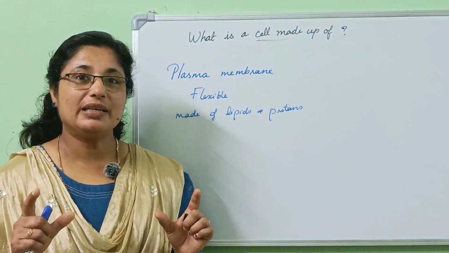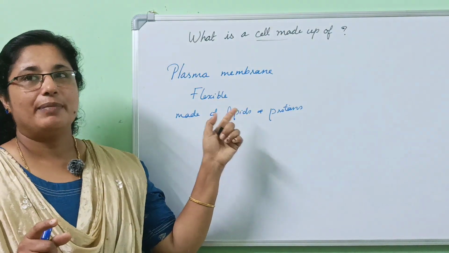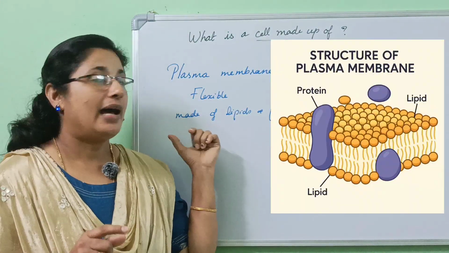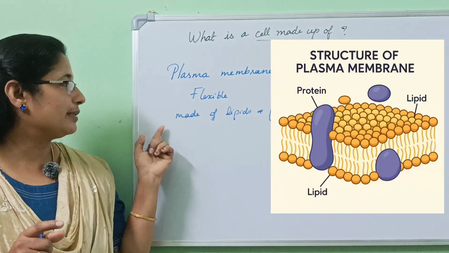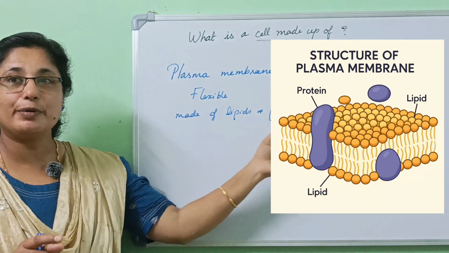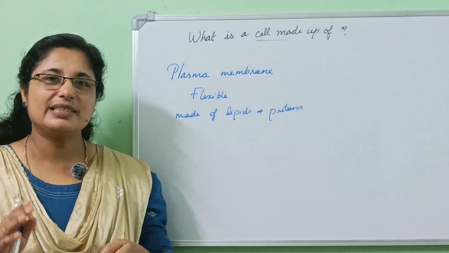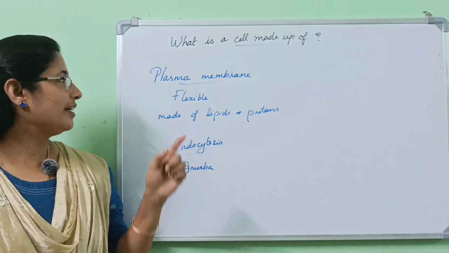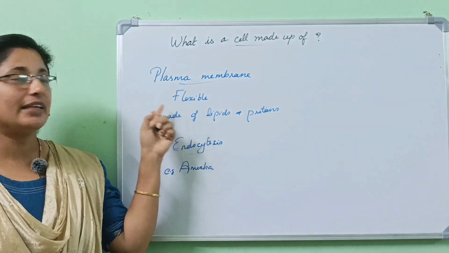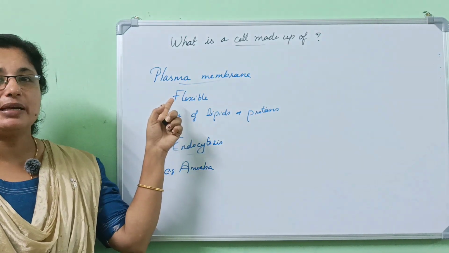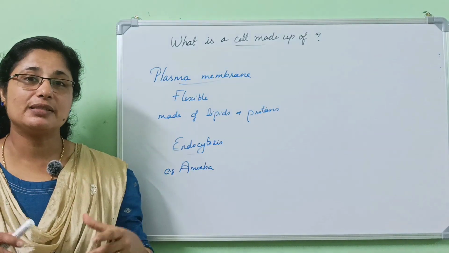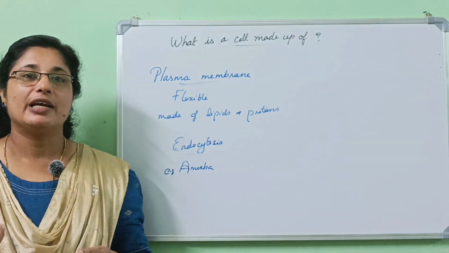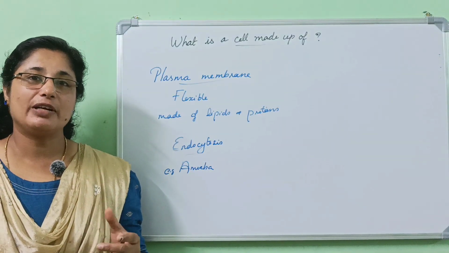The plasma membrane is flexible, and it is made up of organic molecules like lipids and proteins. Its detailed structure can be seen only under an electron microscope. The flexibility of the plasma membrane allows the cell to engulf food and other materials from the surrounding medium.